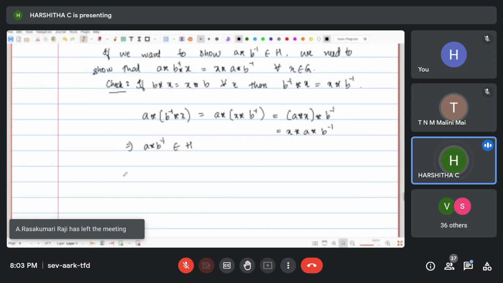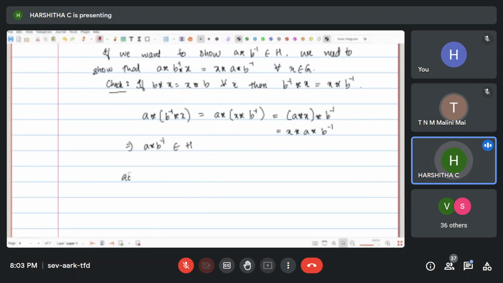So let us take two elements, a simple check, A comma B in H. Then you know that B commutes with every element of G. So particularly it commutes with A. So we get A star B equal to B star A. It's just by the condition of H. So H is abelian.